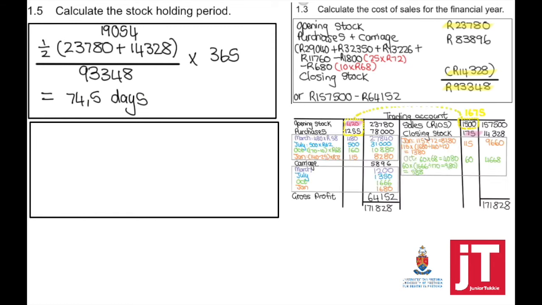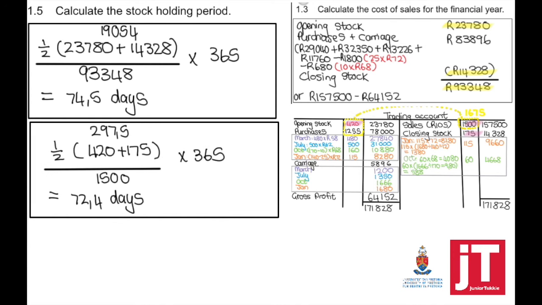An alternative method is if we look at our trading account, if we take our opening stock and our closing stock, beginning plus end divided by 2, divided by the number of units sold, which is cost of goods sold, the number of units sold, 1,500, times 365 days. So this is an alternative way to get the answer.